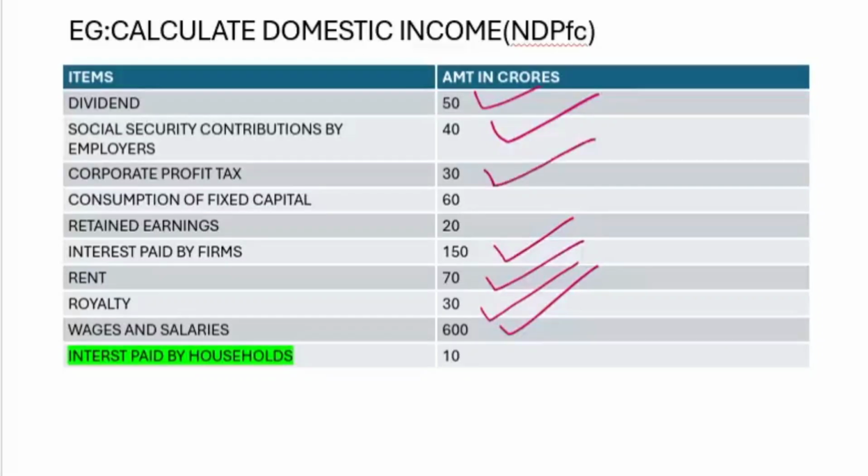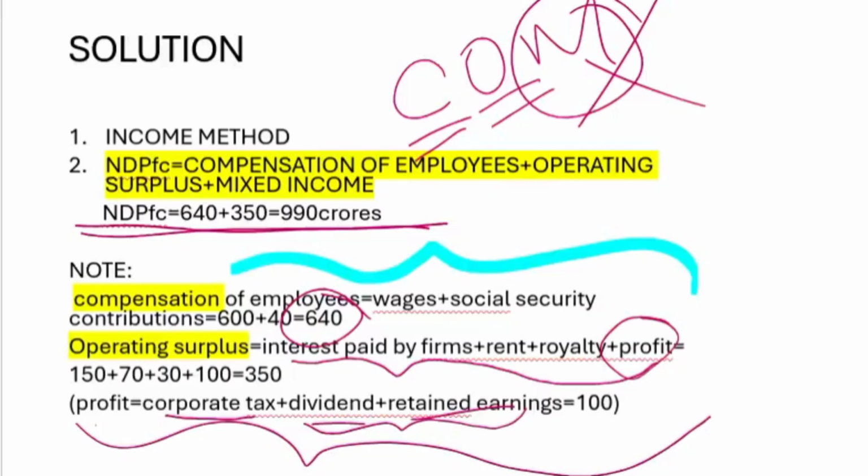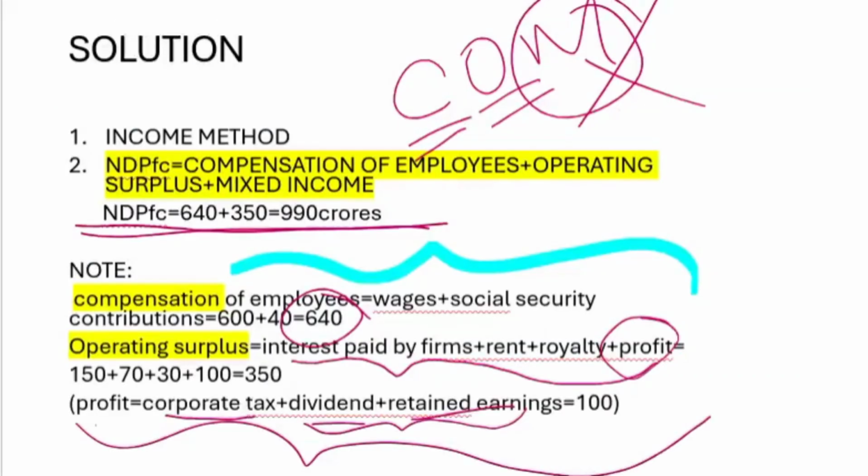That's how we solve the question. We are picking out the terms, and of course it's somewhat easy for you right now. Mixed income is not given in the question, so only two terms, compensation and operating surplus, give you 990 crores. Now the term which is highlighted, since the loan was taken for consumption expenditure, will not be considered.